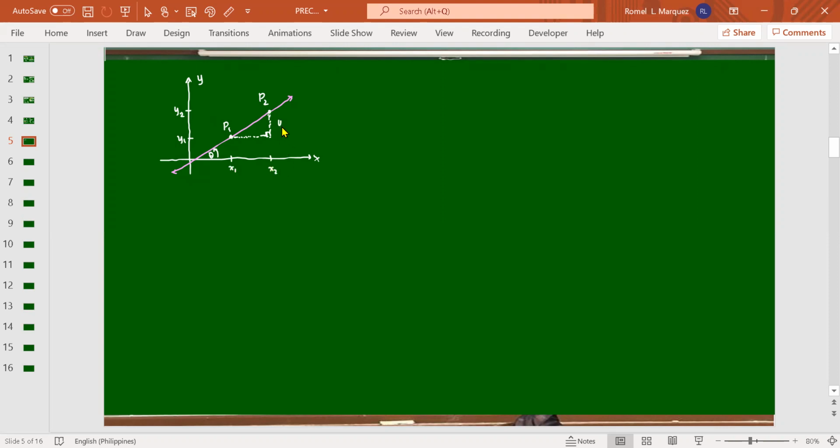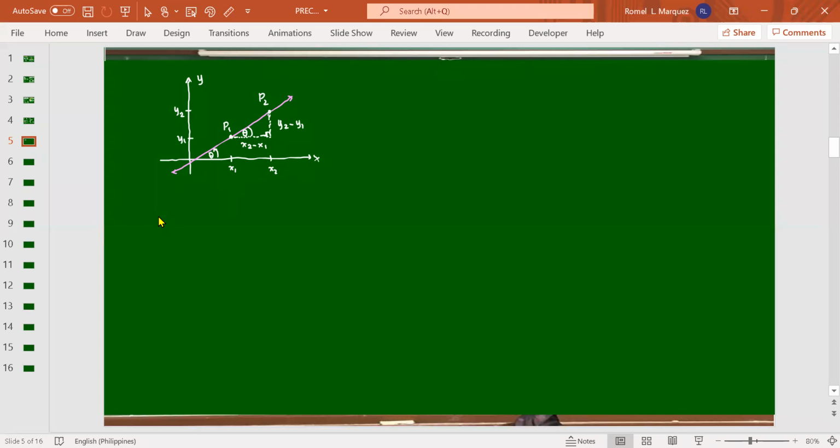This side is y sub 2 minus y sub 1, and this is x sub 2 minus x sub 1. This is also theta, because the line acts as a transversal to these parallel lines, so their corresponding angles are equal. Get it, guys?